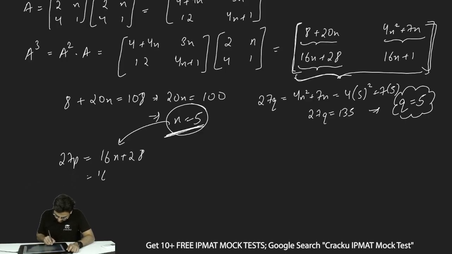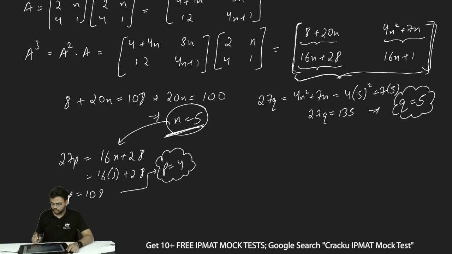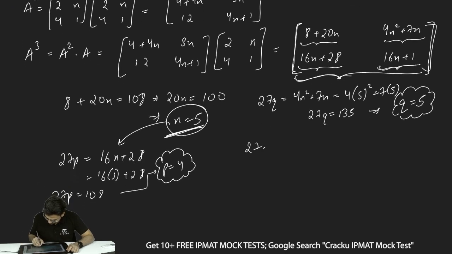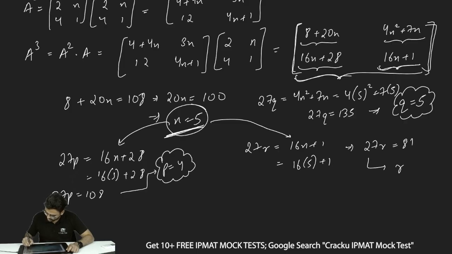So this is 16 into 5 plus 28, which gives 27p is equal to 108, or I can say p is equal to 4. Now we have the next element, which is 16n plus 1. I'll compare it with 27r. So 27r is equal to 16n plus 1. Again, substituting the value of n here, I'll get 16 into 5 plus 1. I can write 27r is equal to 81, and thus I can write r is equal to 3.